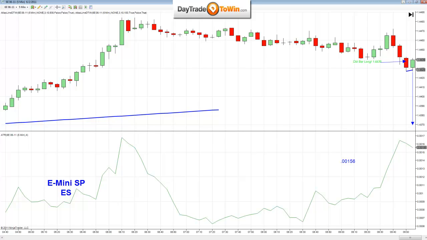So 15 ticks would be 39 plus 15. You're looking at 49, 54. So it would be 1.4454 if my quick math in my head is correct. This would be my profit target. So I know this in advance, which is very important. And so that is where I want the market to go to.